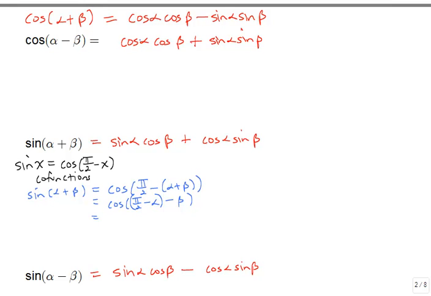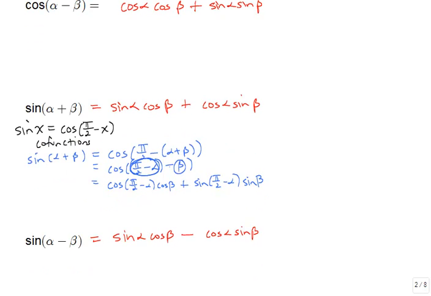So according to my difference formula, we're supposed to take cosine of this whole first angle times cosine of the second angle. And then we use the alternate sign in between, so since this was a minus originally, I want a plus here. And then we take sine of this whole first angle times sine of the second angle.